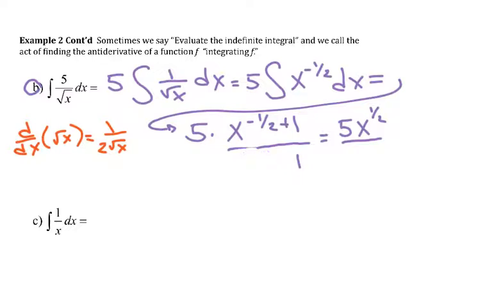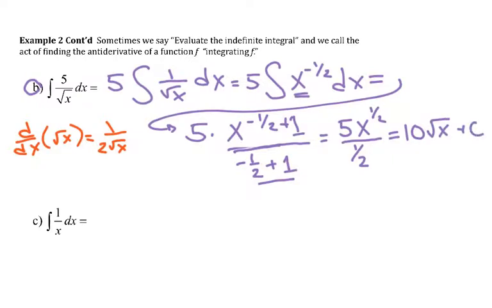That was not right down there. What are we supposed to divide by? The new exponent. So the antiderivative will be 5 times, we add 1 to the exponent and divide by the new exponent. Well, this is 1/2. So this looks like 10 times the square root of x plus c.